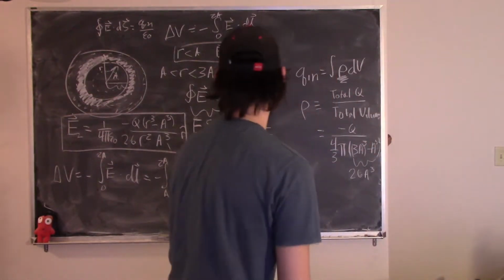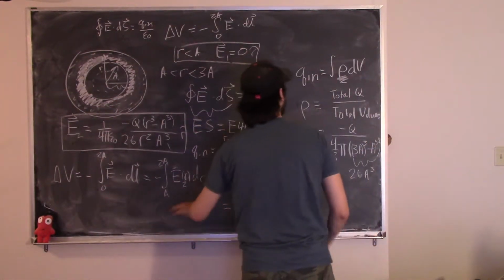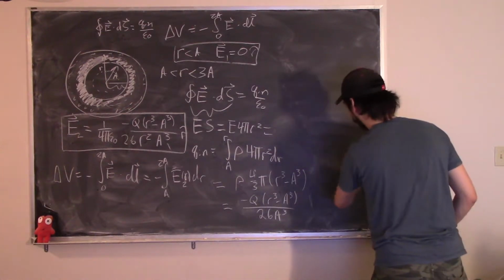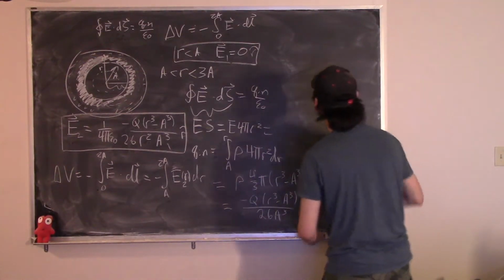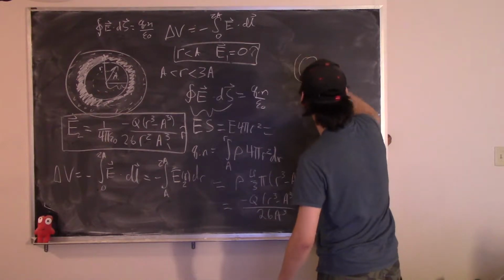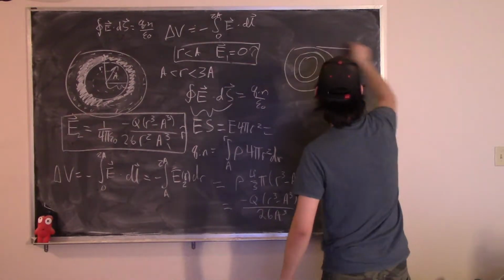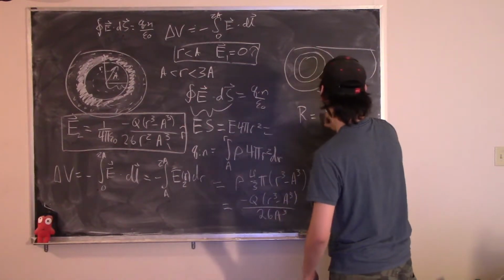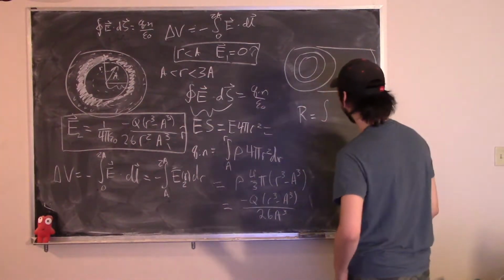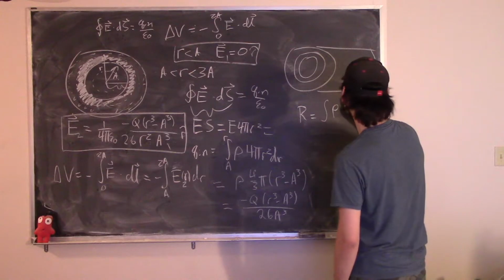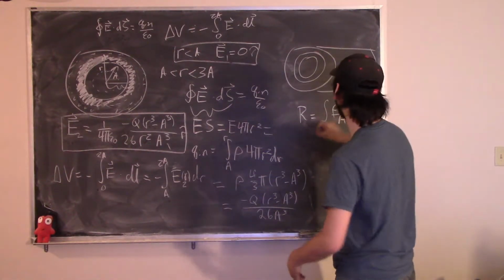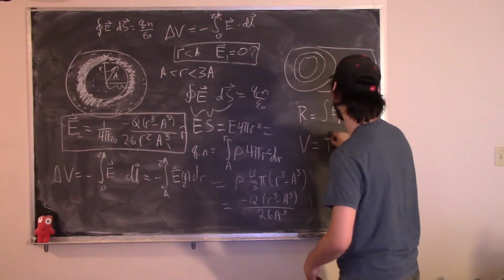So Eric, I did it the way that I've been showing you, but alternatively, what I could do with that problem is say that R is equal to the integral of rho dl over A, and then calculate what R is this way, and then say V is equal to IR.